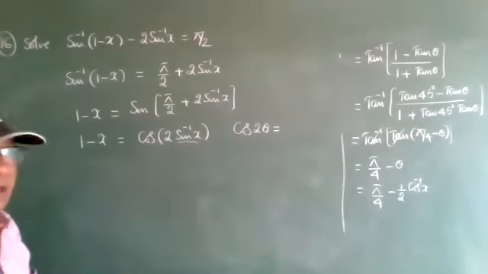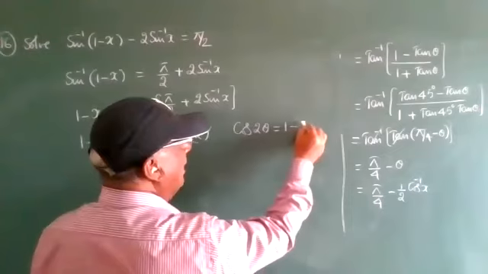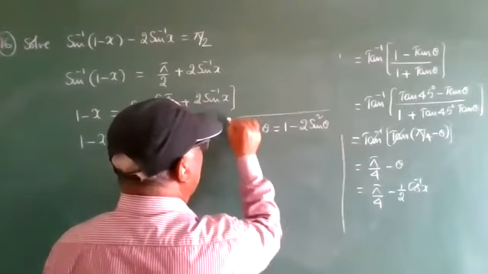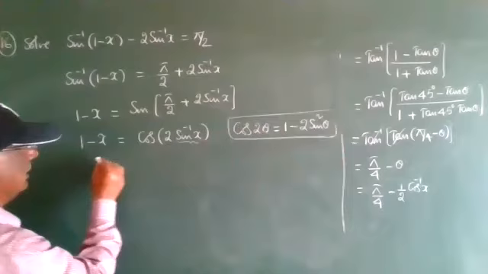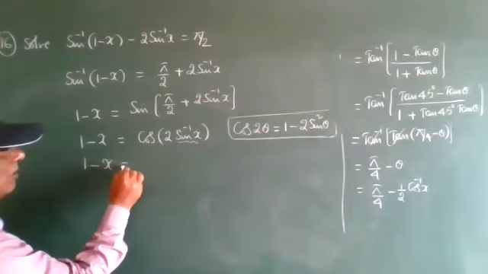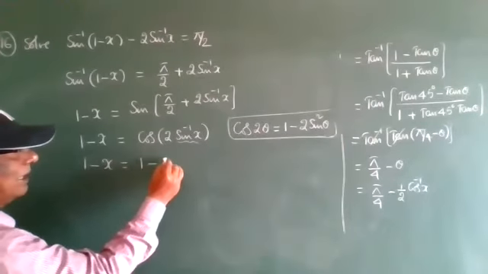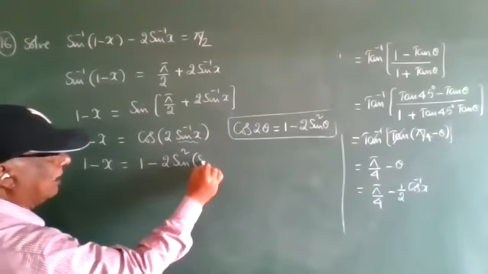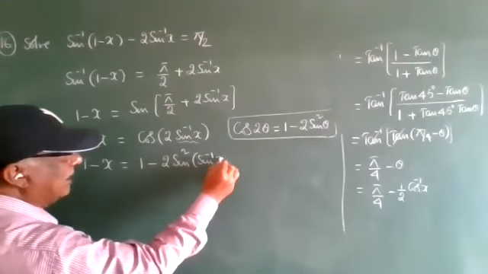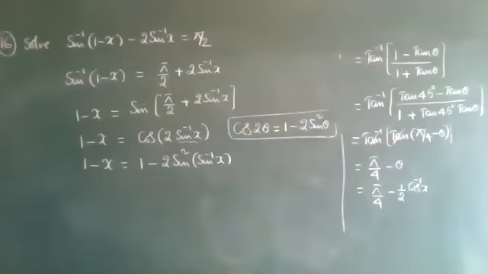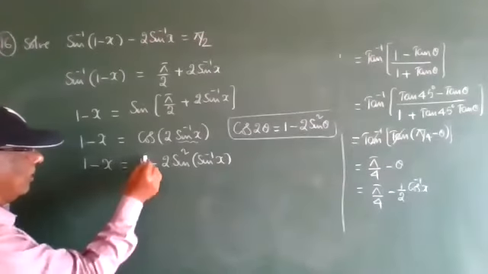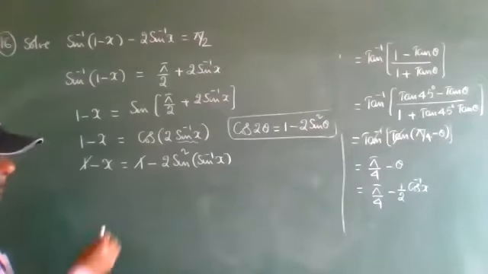In terms of sine, the formula is 1 minus 2 sine square theta. Write down this formula. That is, 1 minus x is equal to 1 minus 2 sine square theta, where theta is replaced by sine inverse x. 1 cancels.